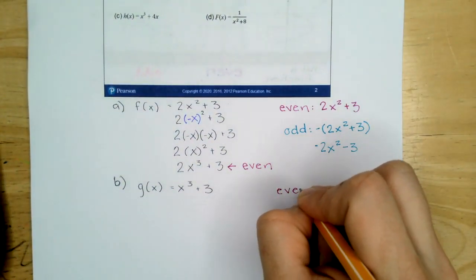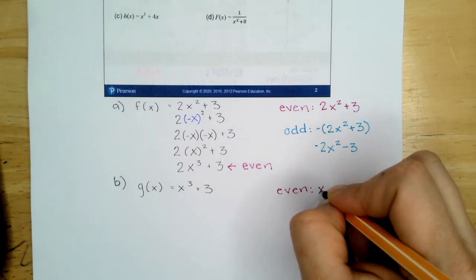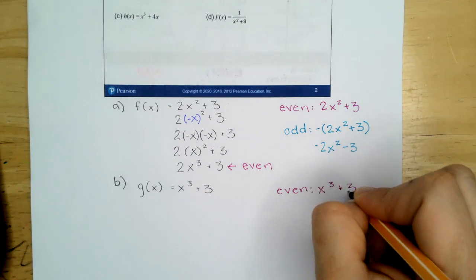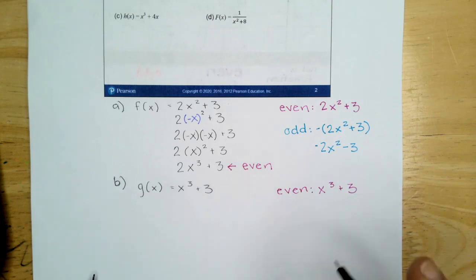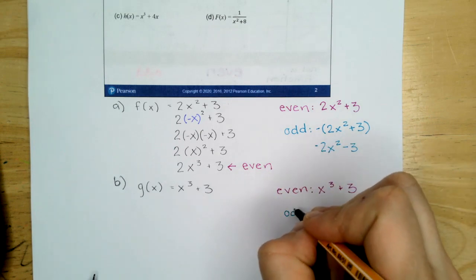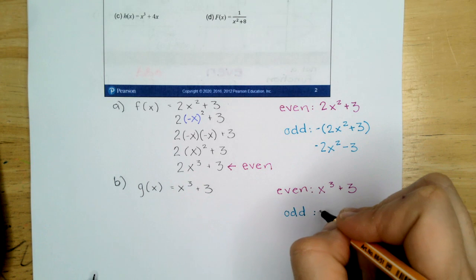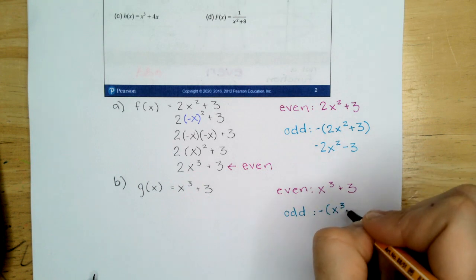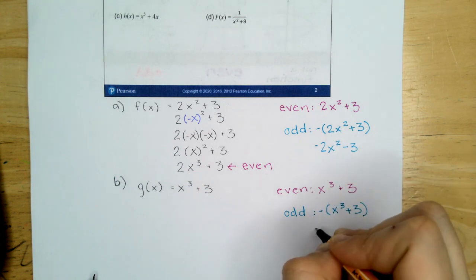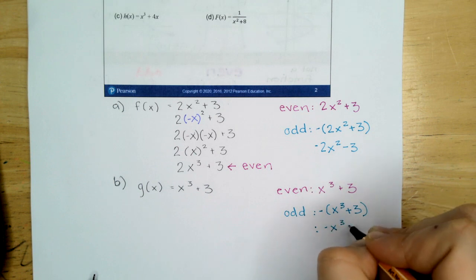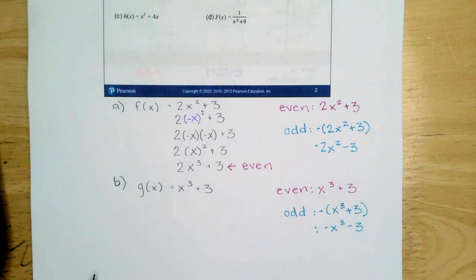We just want to see that exact same equation back, x to the third plus 3. If it's odd, I expect to see a negative version of g of x, so negative x to the third plus 3, which will eventually look like negative x to the third minus 3. Okay? So let's do it.